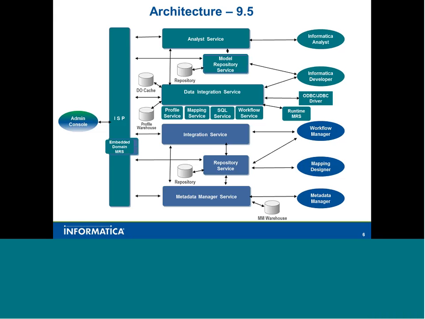In 8.x, if we wanted to add a new service, then we had to do a lot of coding and everything to support that service itself. In the new one, you can just create one service, plug it in and start using it, right?